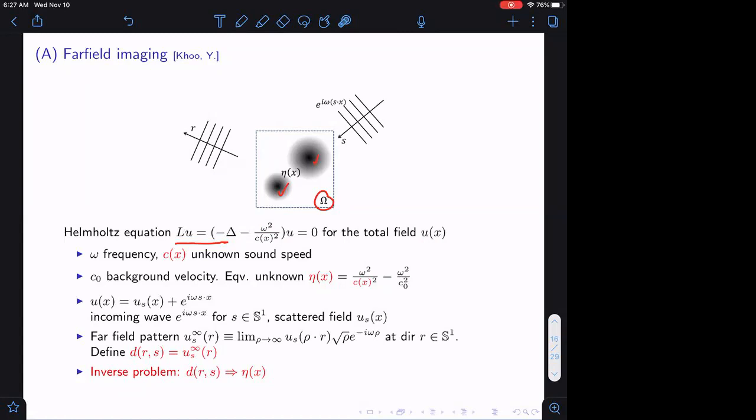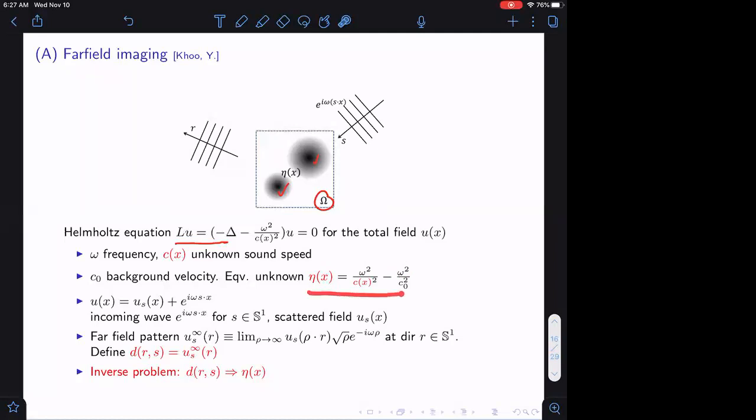Even though c(x) is what we usually study, in terms of calculation for this specific setting, it's usually much easier to transform c(x) into another quantity, which I will call the perturbed slowness. So in some sense, a perturbation of the slowness. But it's not a standard terminology because it's also scaled by omega square, so let me not give it a name. Let's just call it eta.